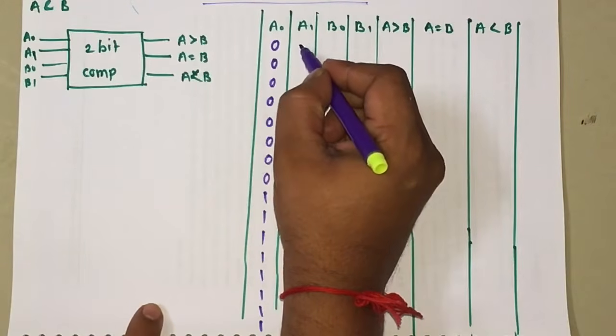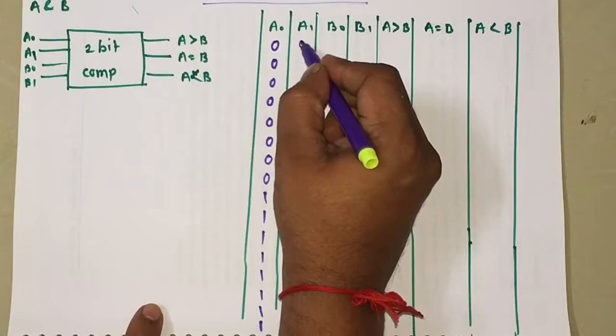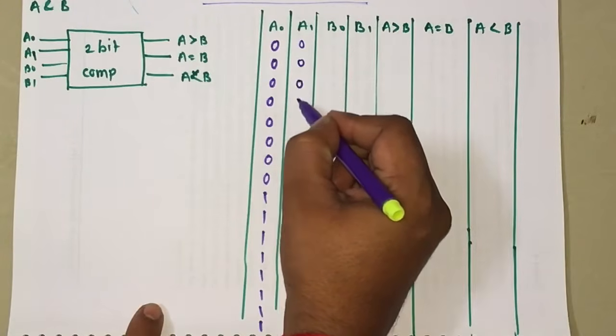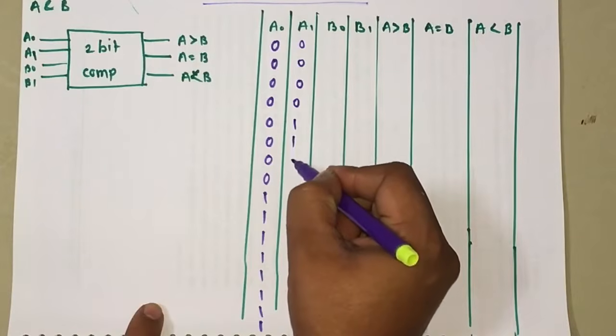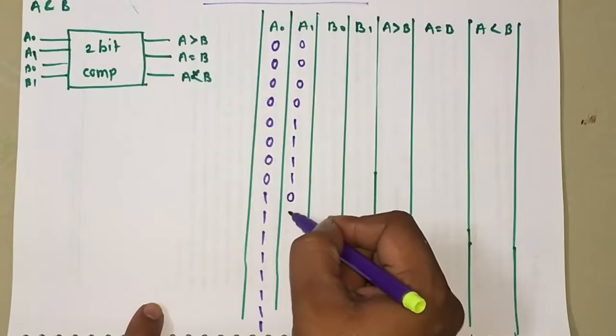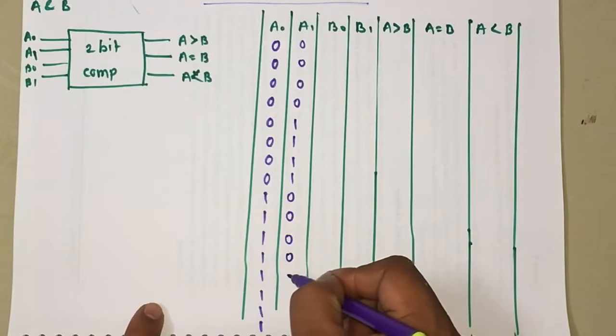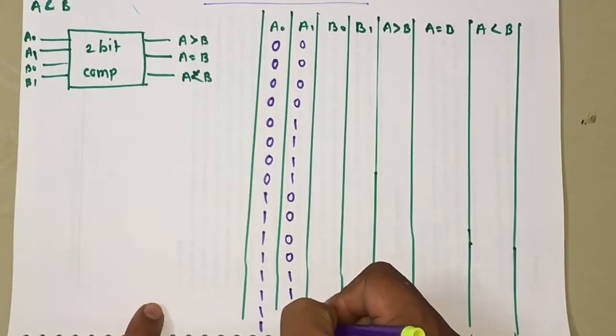Then for the next column, the sequence is 4 times 0, then 4 times 1, and so on.